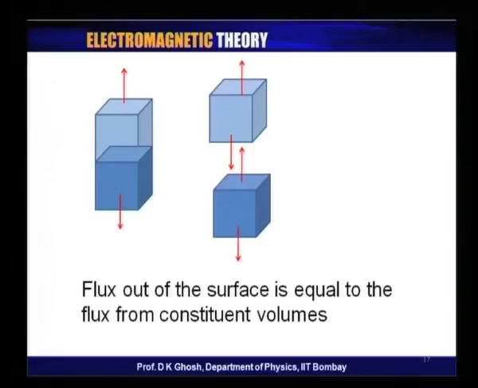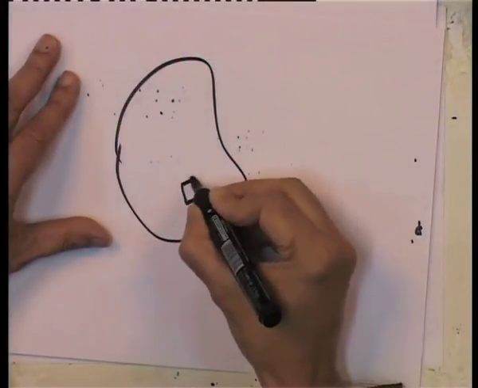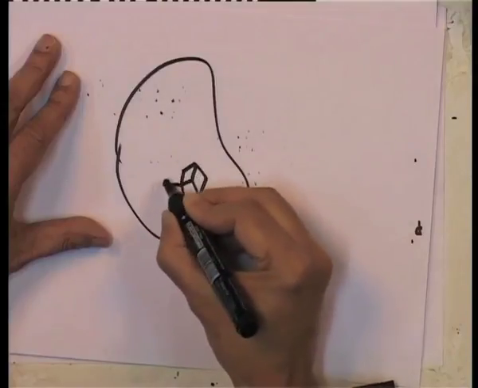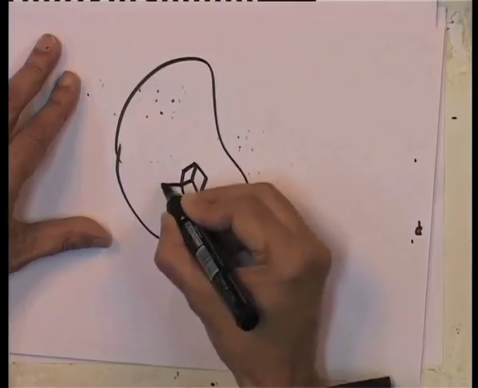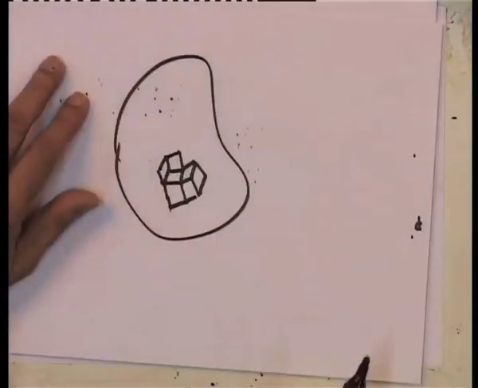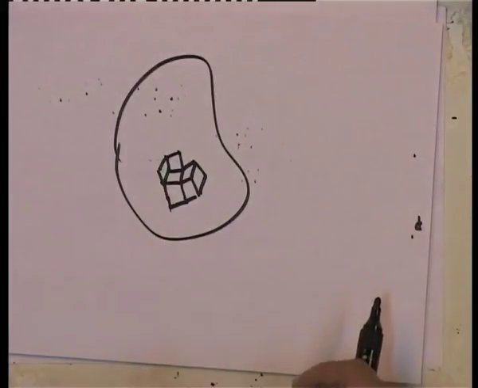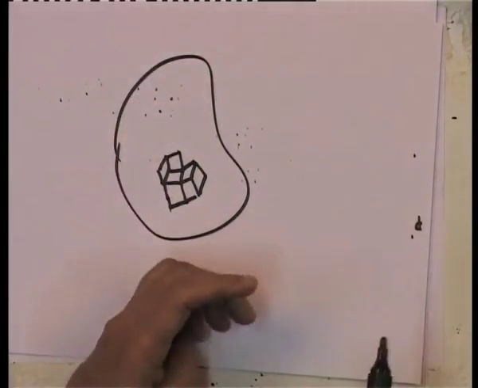So, what it means is that if you have a volume, and you split that volume into smaller volumes, then I can talk about the same argument once again, and say that the contributions from things which are inside, the pairs, will always cancel.